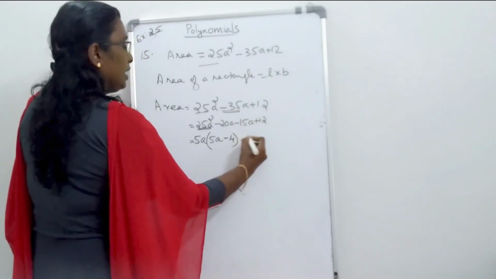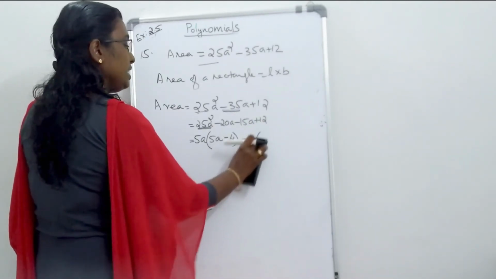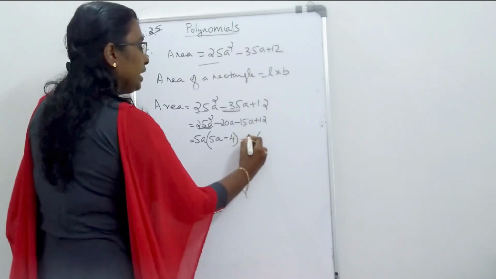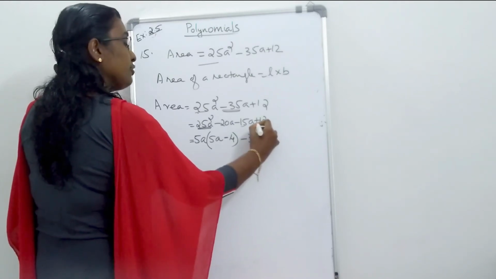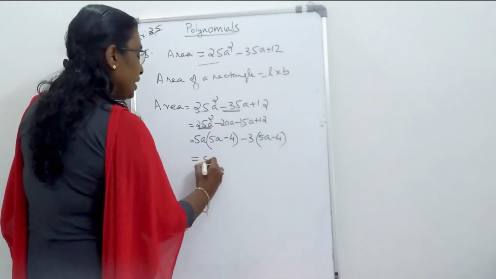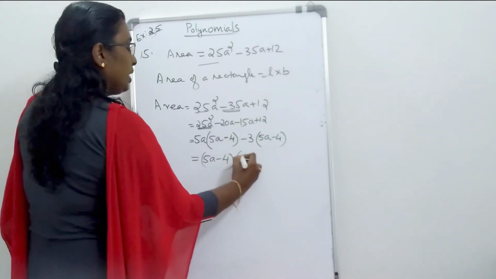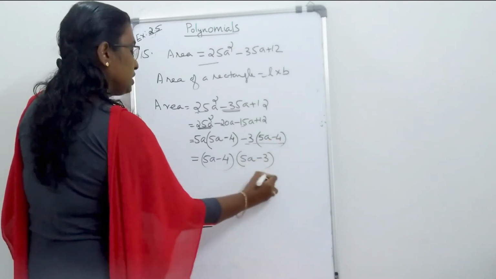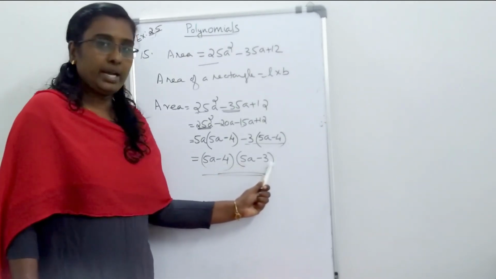Then in the last two terms, the common factor is minus 3. If we take minus 3 from here, we get 5a, and from here, minus 4. Therefore, 5a minus 4 is common. The remaining is 5a, and minus 3. The factors are 5a minus 4 and 5a minus 3.